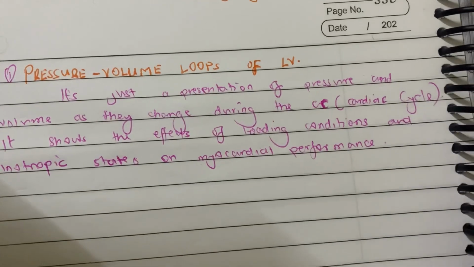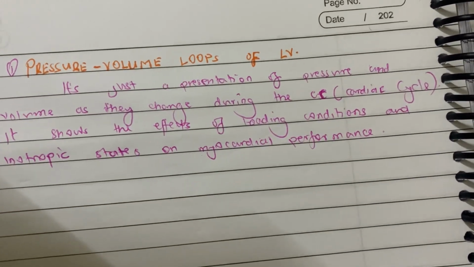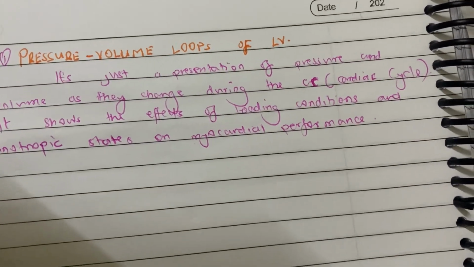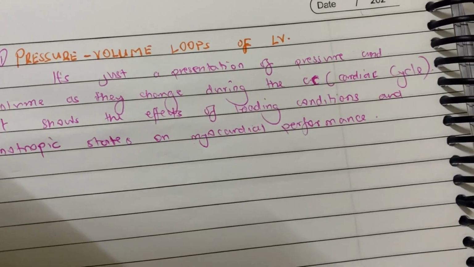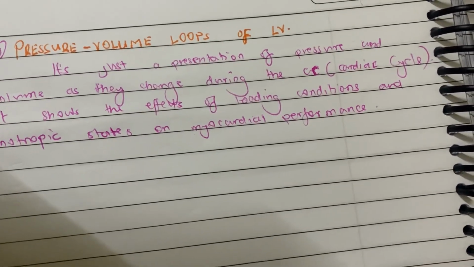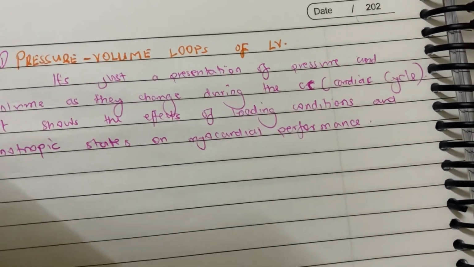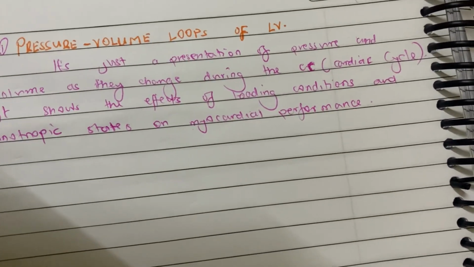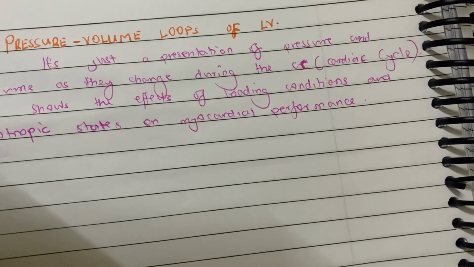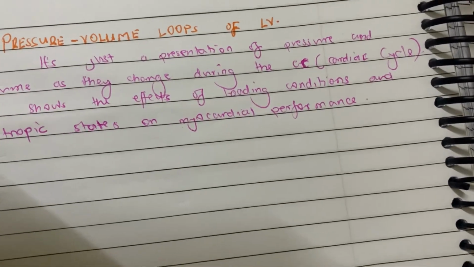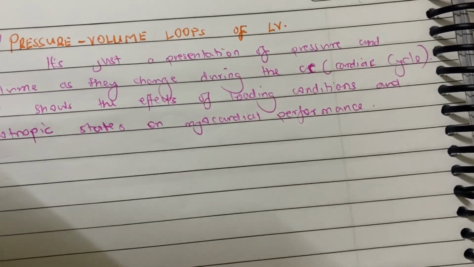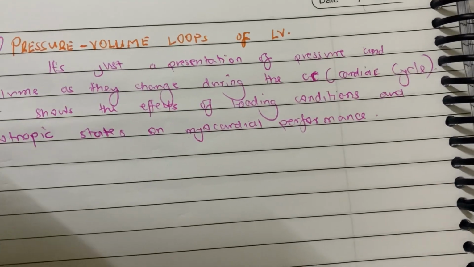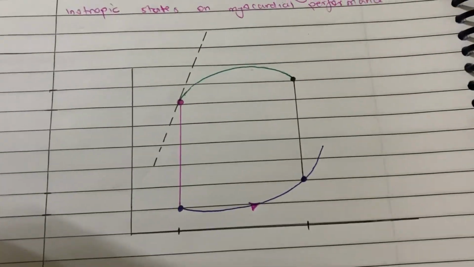In the depiction of the pressure volume loops, the times of the different phases of the cardiac cycle are not labeled or shown, but the phases are shown, and then certain volumes and the effects. So let's see how it looks.